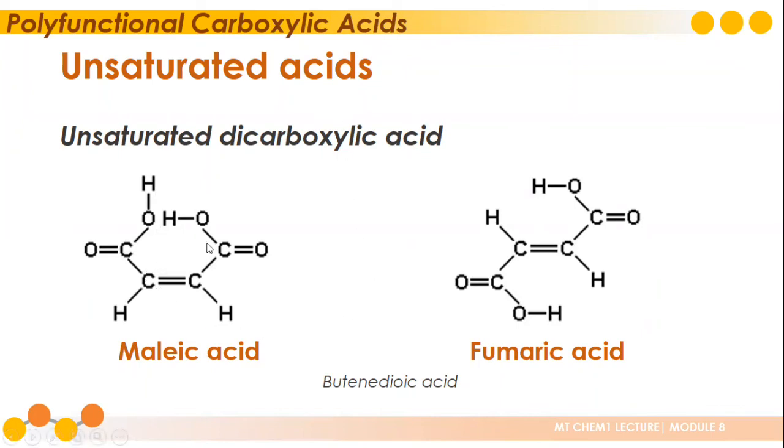As you can observe, only the positions of their groups are different, but this change in position affects the function of the acid. So even if these two are both butenedioic acid, they have different common names. This is maleic, this is fumaric.